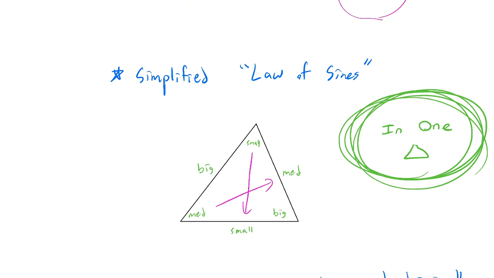So that means if I start with the side lengths, smallest side means smallest angle, biggest side means biggest angle. So that's a biconditional. I can go from sides to angles or angles to sides in one triangle.